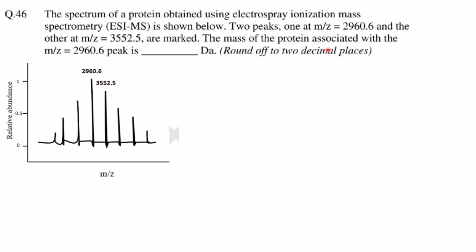The mass of the protein associated with the m/z 2960.6 peak is. So here, we know that two adjacent peaks differ by one charge. Remember that.